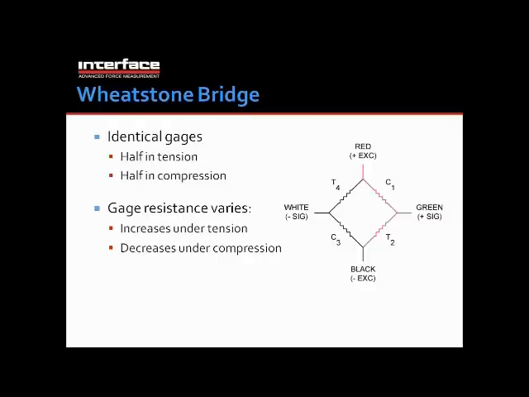In order for us to vary the signal coming out of the load cell, half of the gauges have to be under tension and the other half have to be under compression. So what happens is when a gauge is under tension, the resistance across that gauge will increase, and when the gauge is in compression, the resistance across that gauge will decrease.